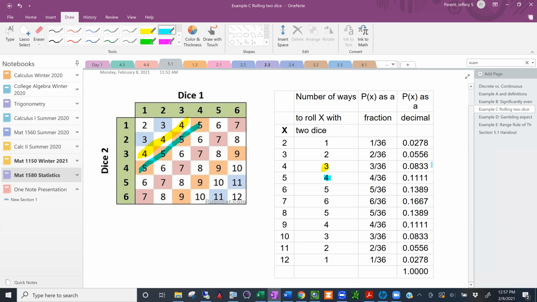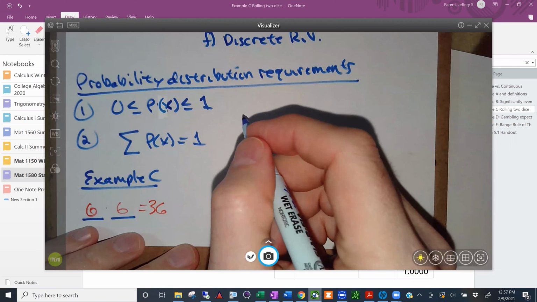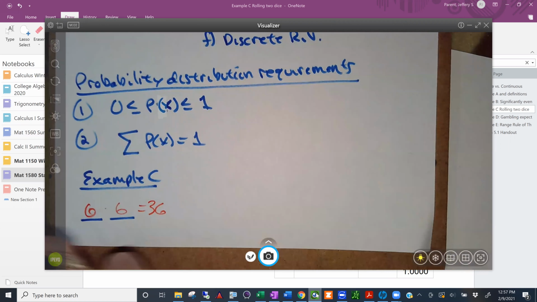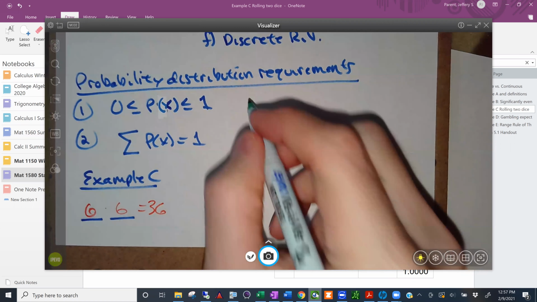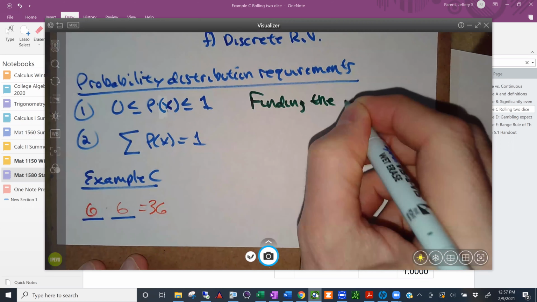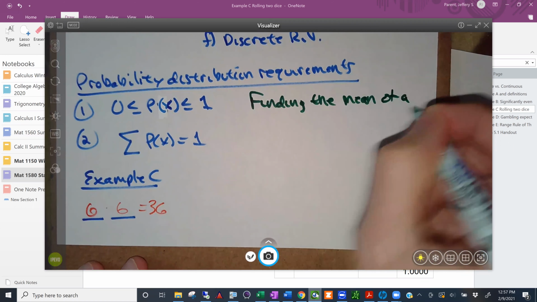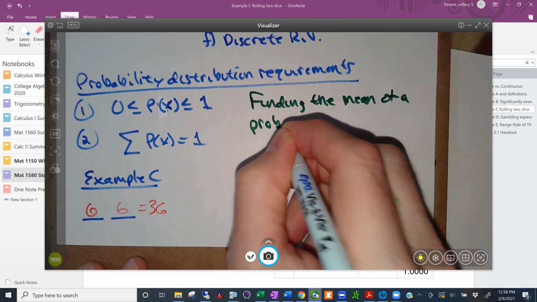Now, here's all this stuff as a decimal, etc. But what we want to do is calculate something called the expected value. So let me talk about expected value and some of the calculations we're going to do next. We're going to do finding the mean of a probability distribution.